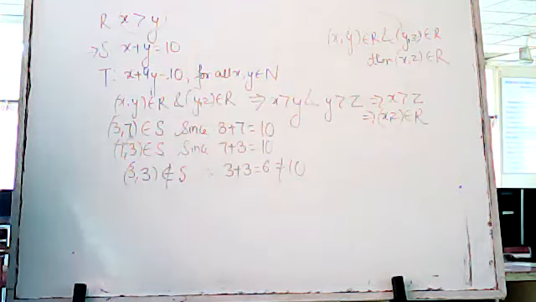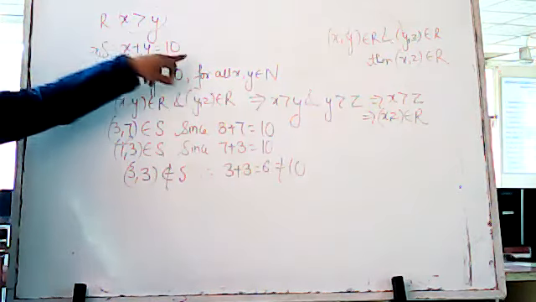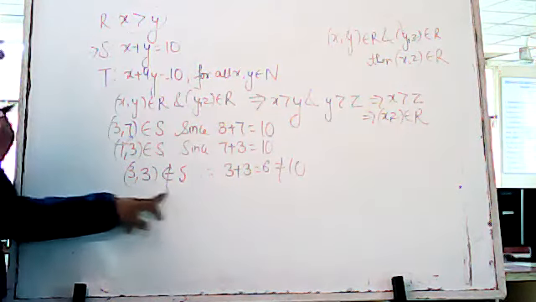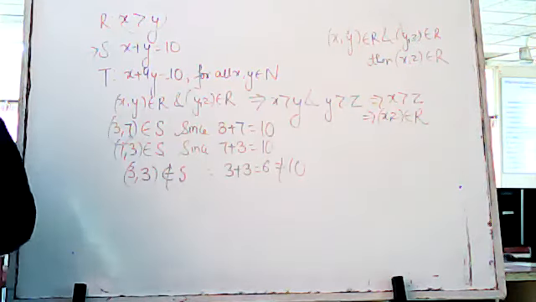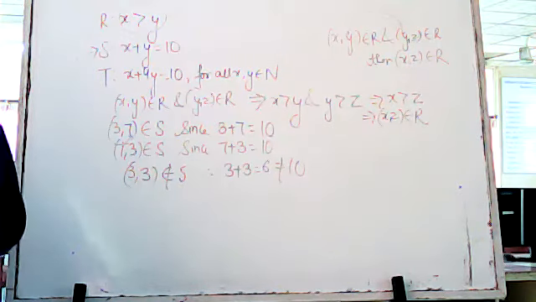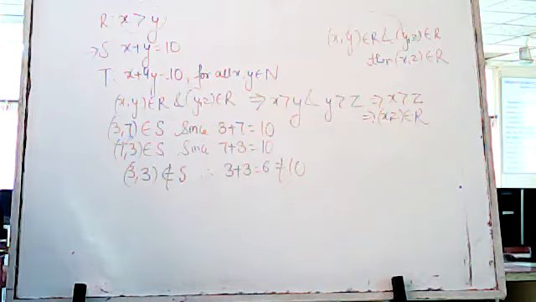Our relation S is x plus y equals 10, but according to this definition 3 plus 3 is 6, which is not equal to 10. Therefore, S is not transitive.